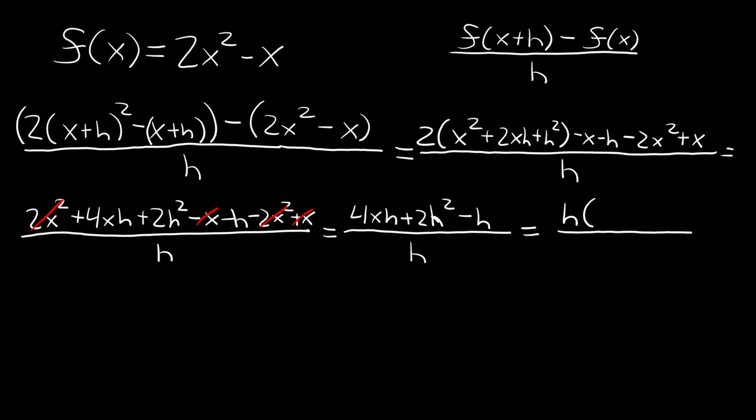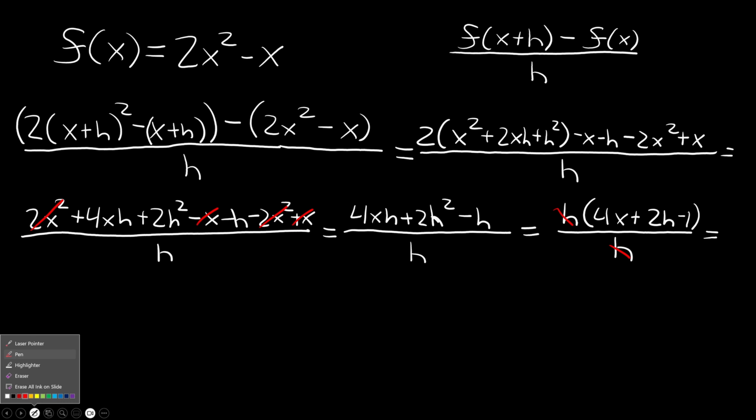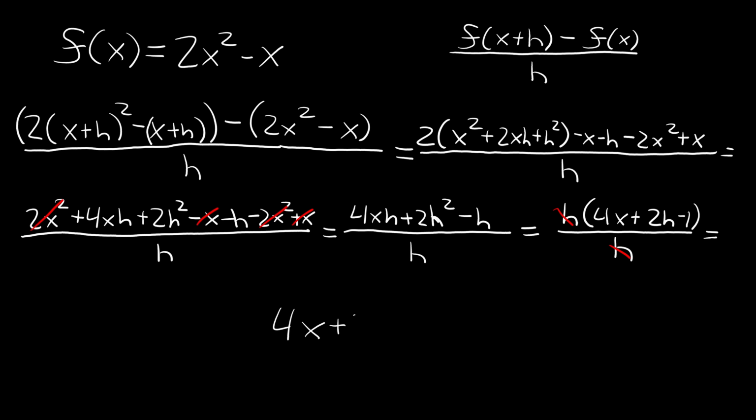So we'll have 4x plus 2h, actually a negative 1, over h. We can cancel these h's now. And we're left with 4x plus 2h minus 1. And that is your answer.